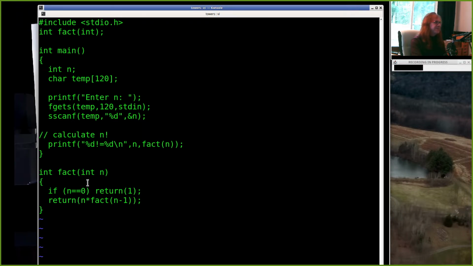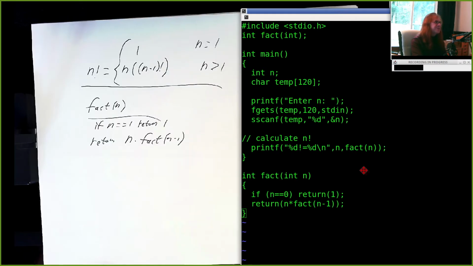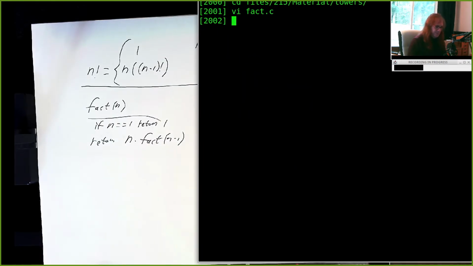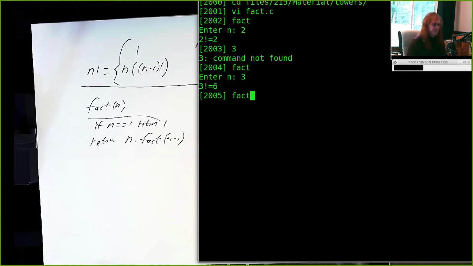So if our number is 0, we return 1. Otherwise, return n times factorial n minus 1. And this correctly calculates factorials. And it's just using this expression. So there's 2 factorial, 3 factorial. There's 4 factorial, 5, and so on.